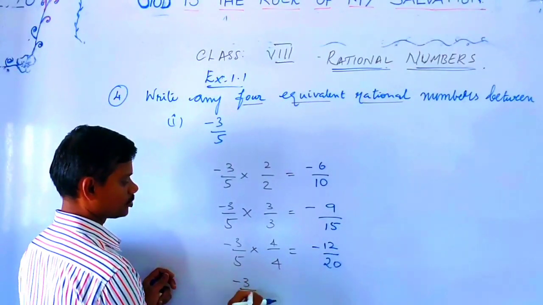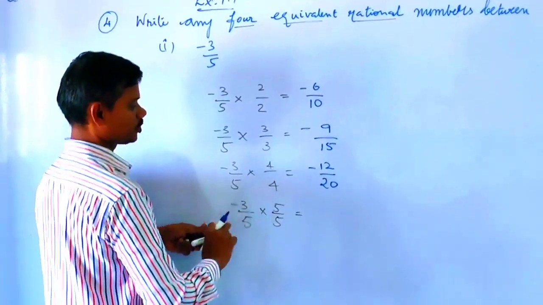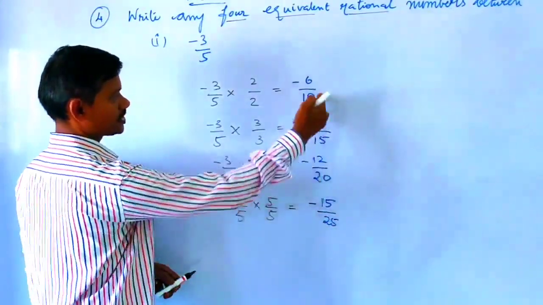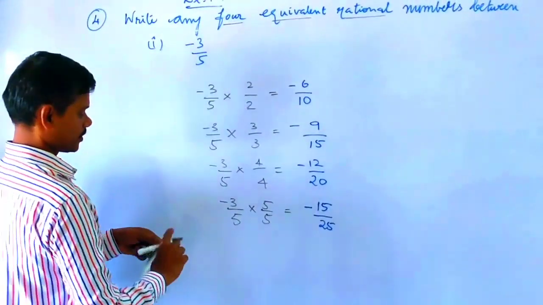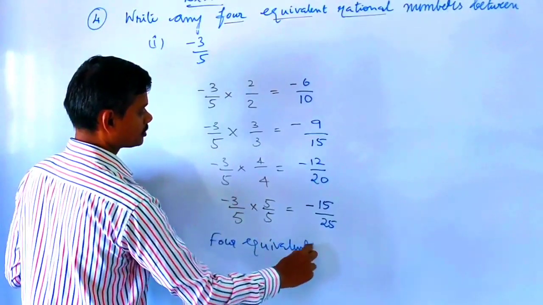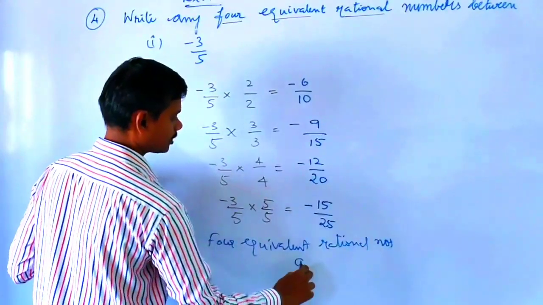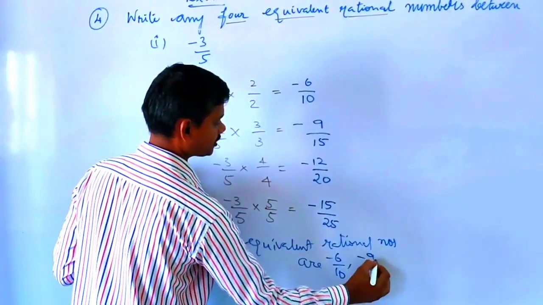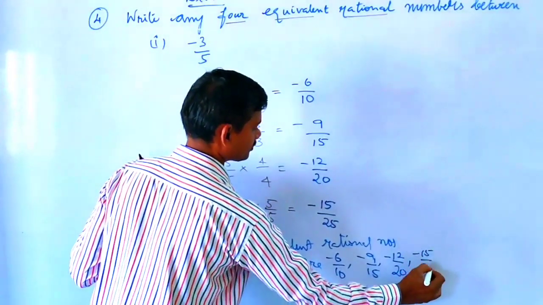Then the fourth rational number, minus 3 by 5 into 5 by 5. Minus 3 into plus 5 gives minus 15. 5 into 5 is 25. So these are the four equivalent rational numbers to this given rational number. The four equivalent rational numbers are minus 6 by 10, minus 9 by 15, minus 12 by 20, minus 15 by 25.